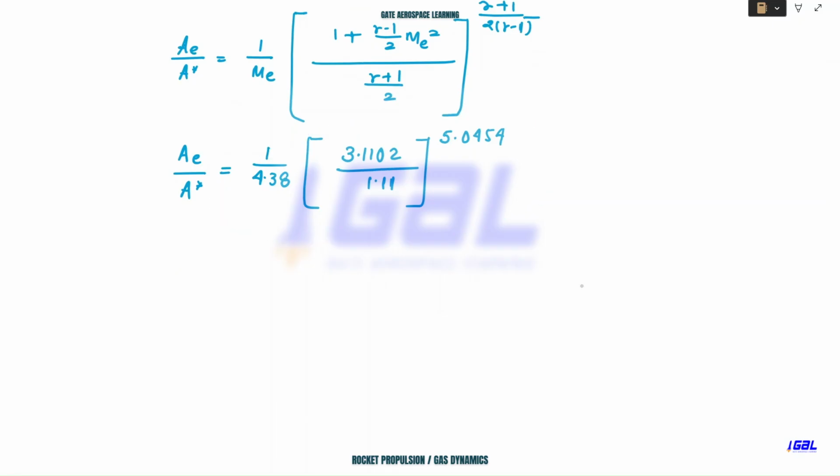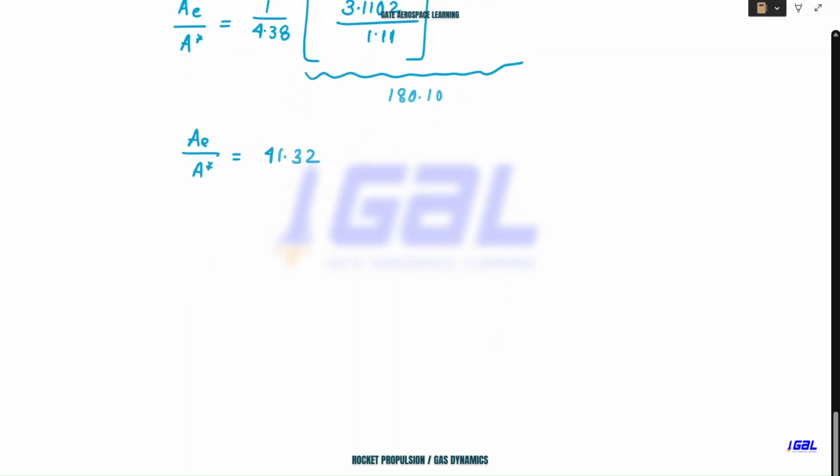This value, if you simplify, you will get 180.10, and A by A star will become 41.32 now. Now your A star you already know, which is 0.4 meter square. So you can solve this, and you can easily solve for A e, and that is 16.5 meter square. So please verify whether you are getting this value or not. You must be getting a value around this.